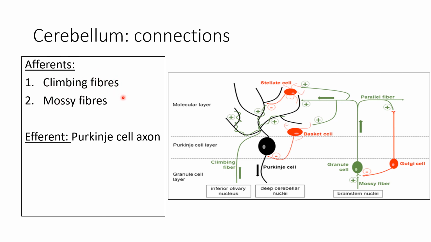The only afferents that are climbing fibers come from the inferior olivary nucleus, olivocerebellar, and the efferents are from the Purkinje cell axons going to the deep cerebellar nuclei, that is the dentate nucleus, emboliform, fastigial, and globose. Dentate is the lateralmost, fastigial is the medialmost.